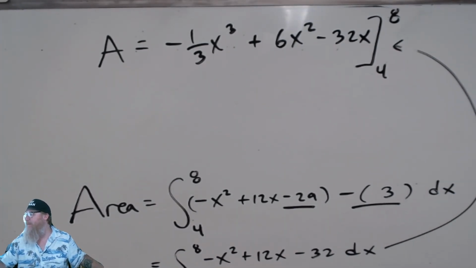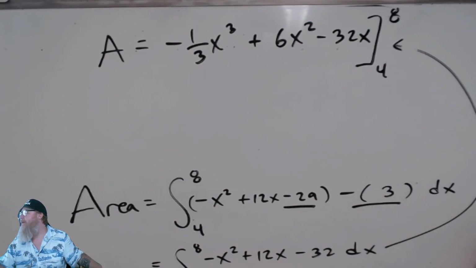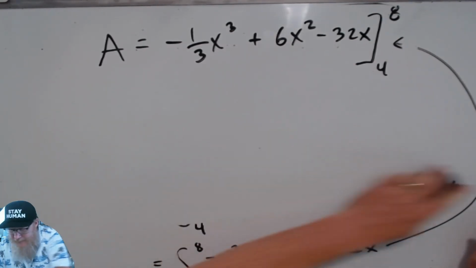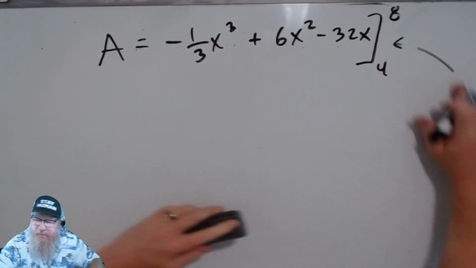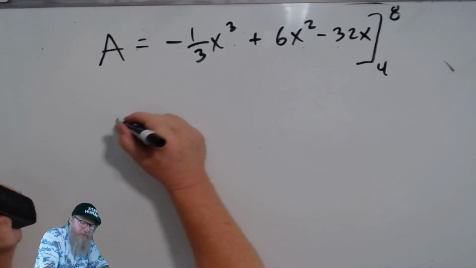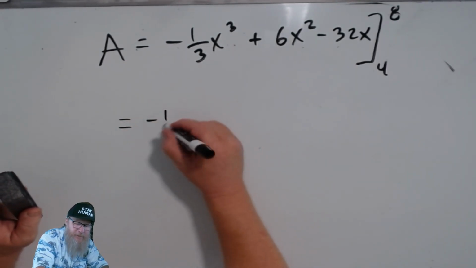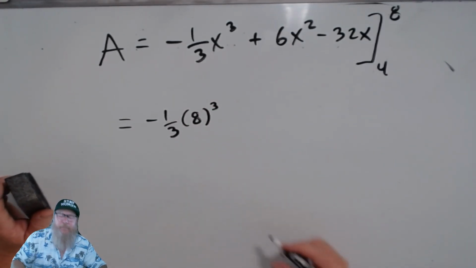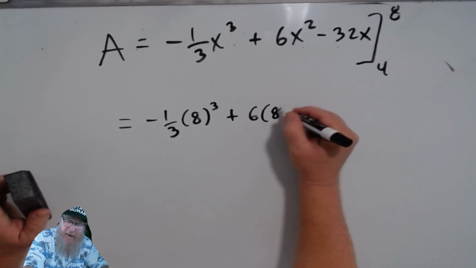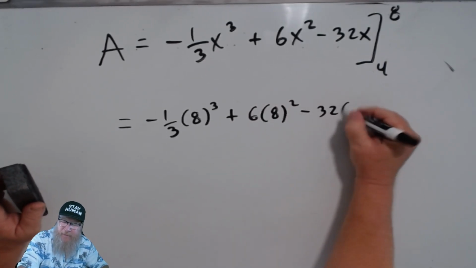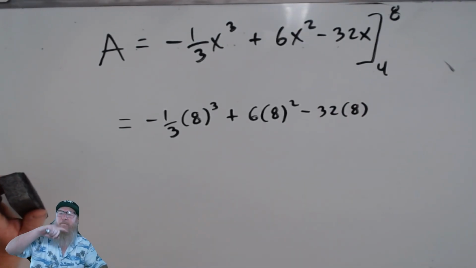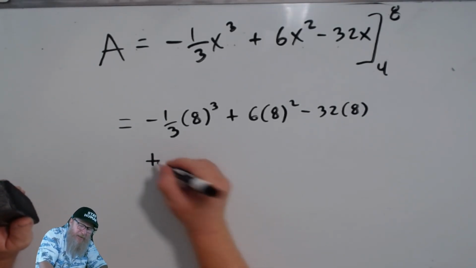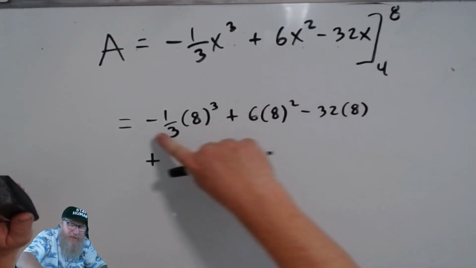And now it becomes an arithmetic problem. The arithmetic is also called plugging in the values or evaluating the function. Just plug in 8. If you want to keep working horizontally, you certainly can. I like to do it vertically and then just change the sign.